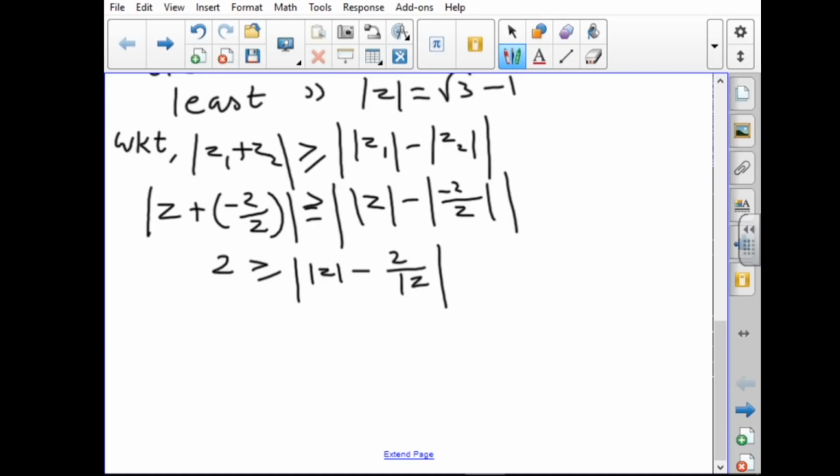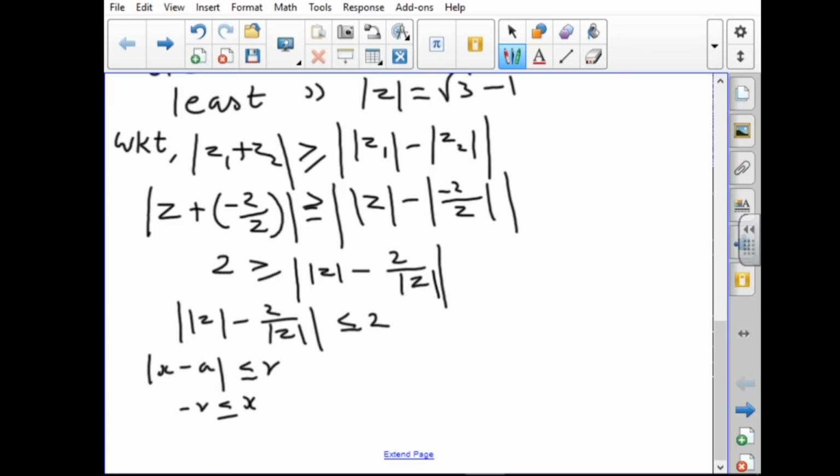Now, this also we can write as modulus of z minus 2 by modulus of z less than or equal to 2. You have learnt this in basic algebra in plus 1: when modulus of x minus a is less than or equal to r, then we have minus r is less than or equal to x minus a is less than or equal to r.